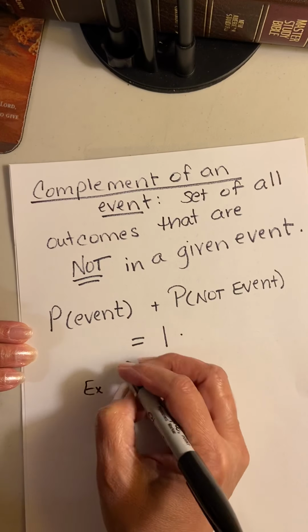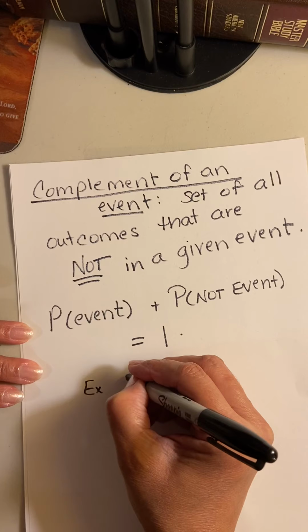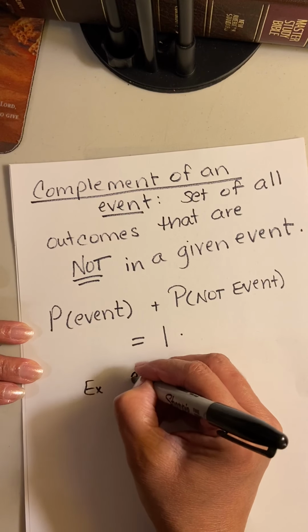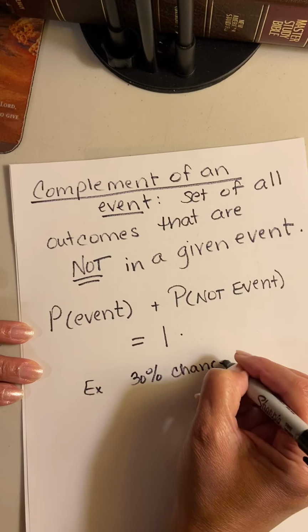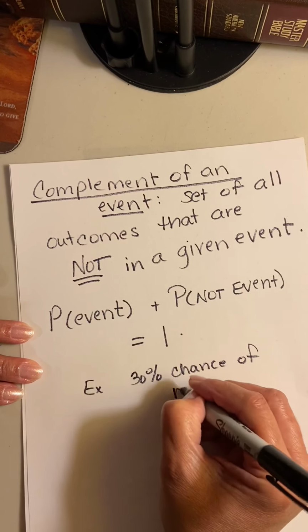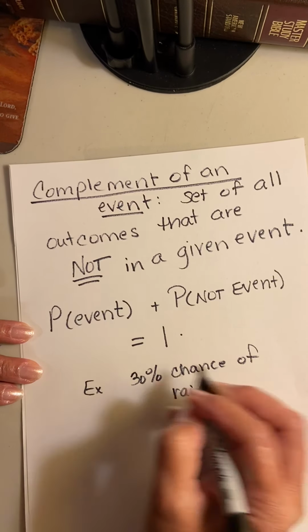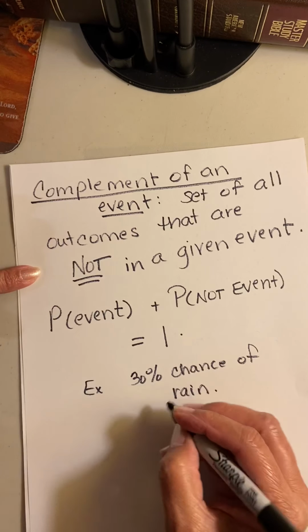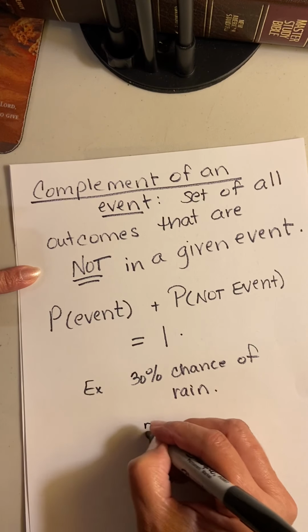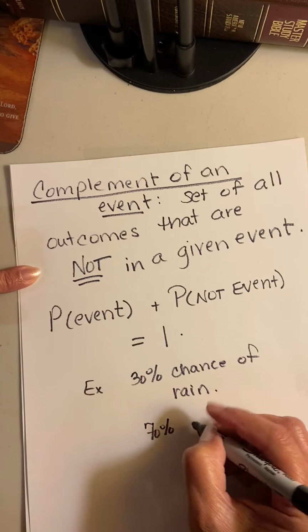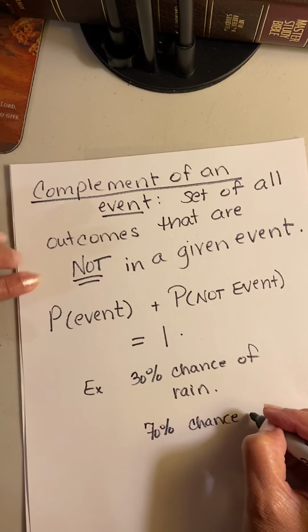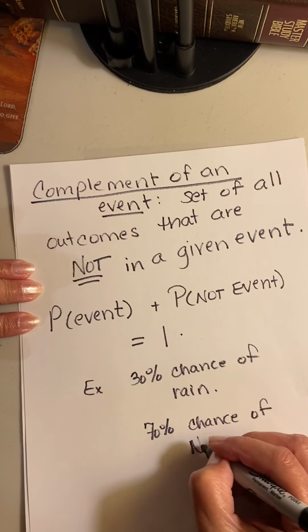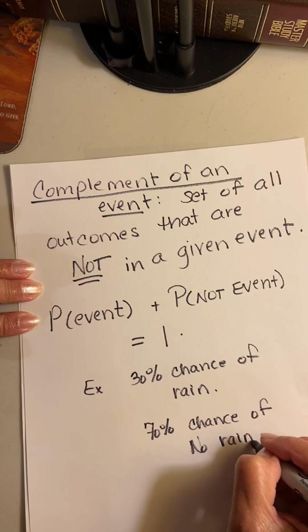If the weatherman says there's a 30% chance of rain in our forecast, then the complement says there's a 70% chance that it won't rain.